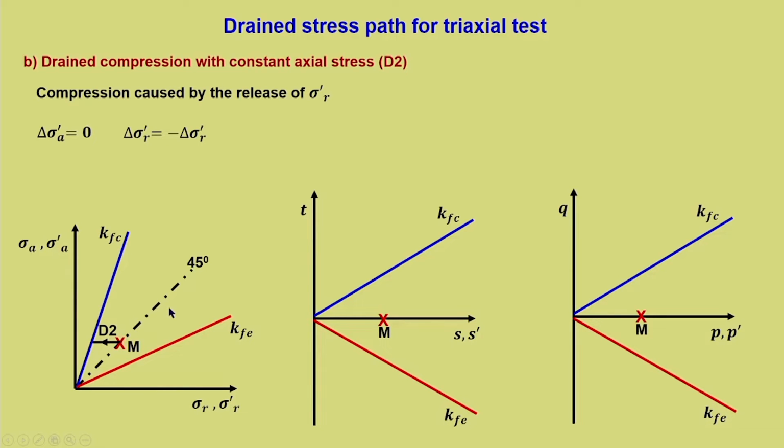What about the TSS dash plot? Delta T is equal to, remember, delta sigma A dash is 0 minus of minus, so that will become plus. So, plus delta sigma R dash by 2, and here it will be 0 minus delta sigma R dash by 2, and hence the slope will be delta T upon delta S dash equal to minus 1.